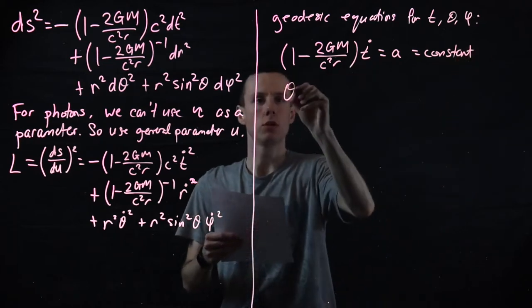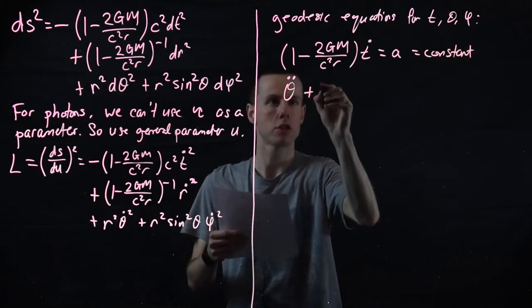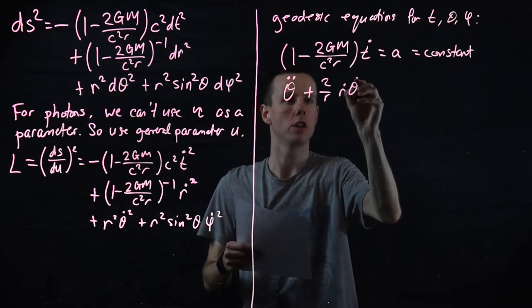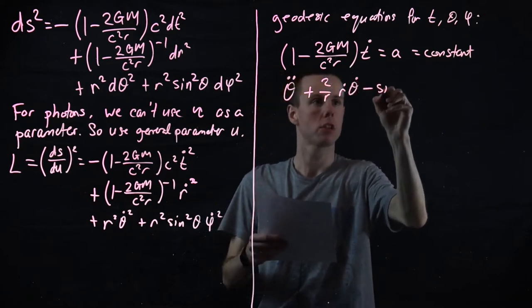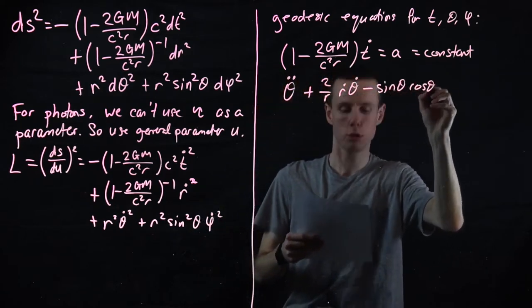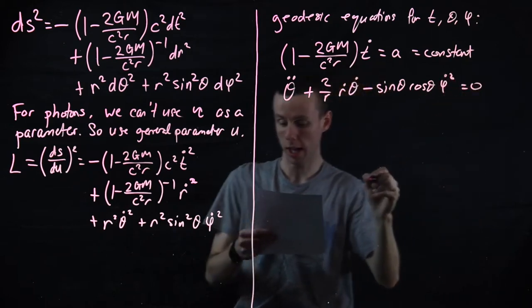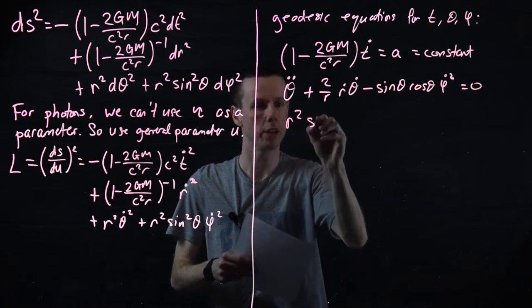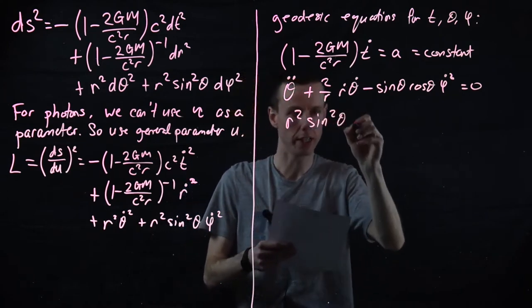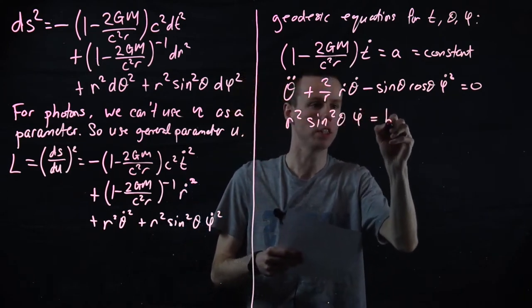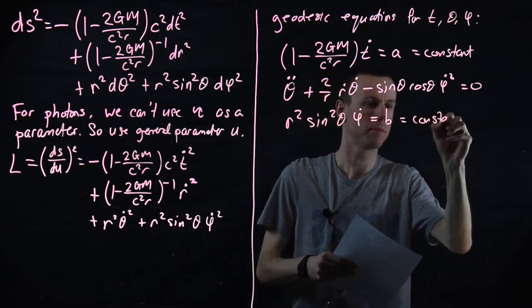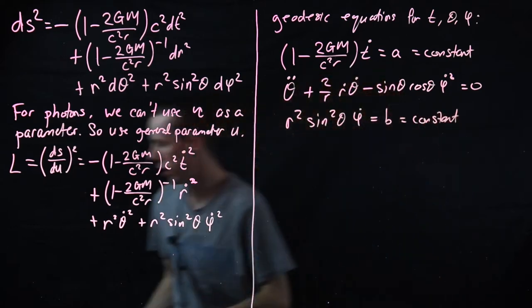For theta, you get theta double dot plus 2 over r r dot theta dot minus sine theta cosine theta phi dot squared equals 0. And for phi, you get r squared sine squared theta phi dot is equal to B, which is another constant. Those are identical.